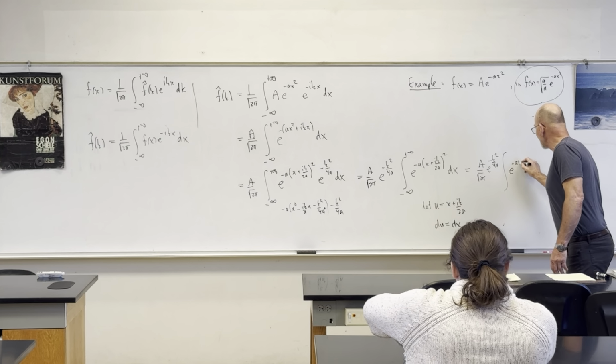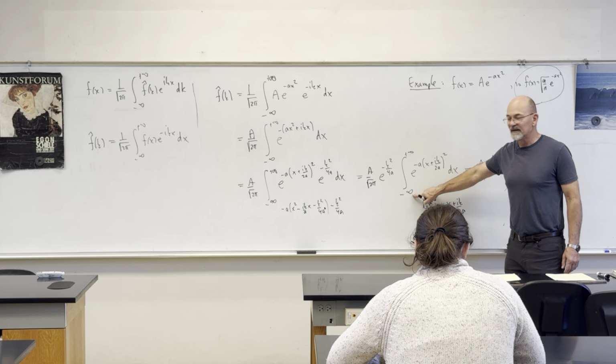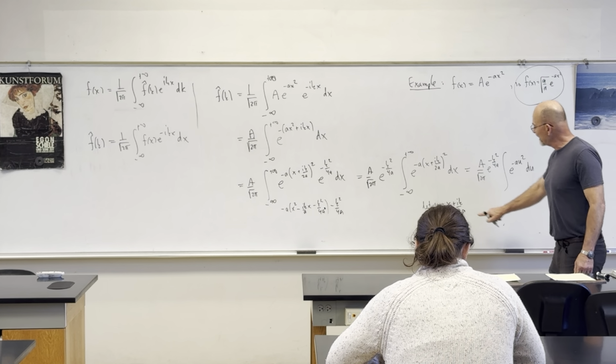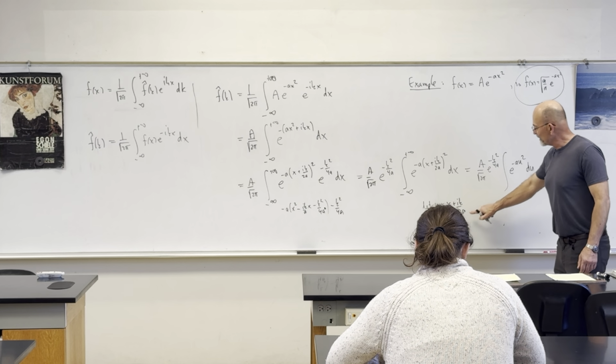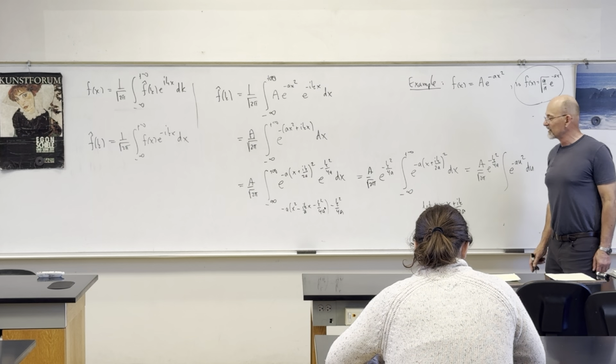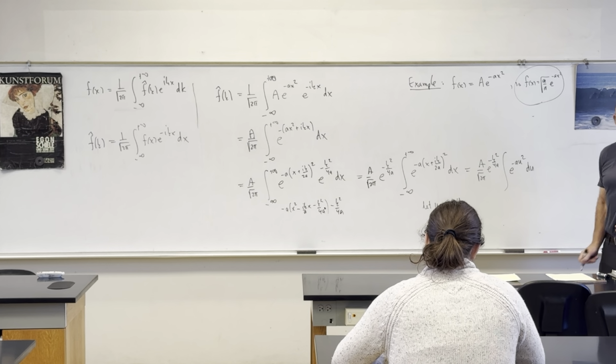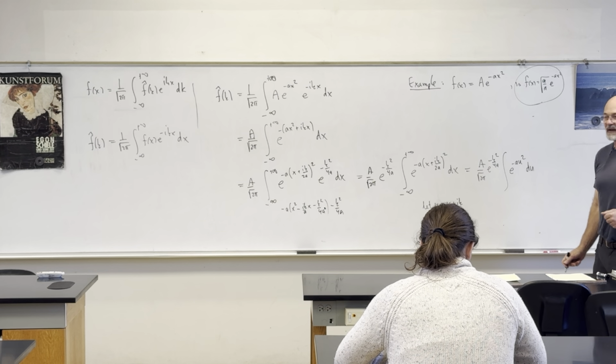But what about the boundaries of integration? What does it mean to say minus infinity to plus infinity? Because here I would have minus infinity plus ik, plus infinity plus ik. So the boundaries of integration are interesting here. By the way, this calculation works. We can just blithely go ahead and do it.